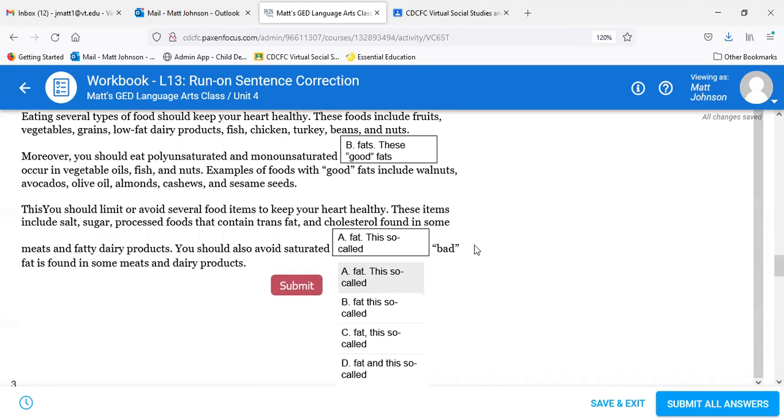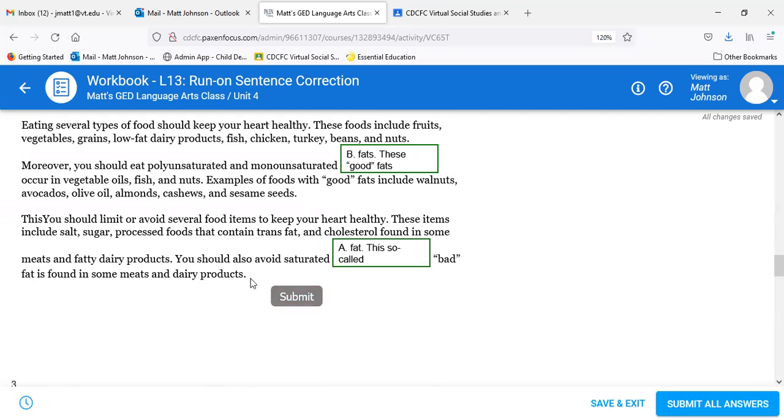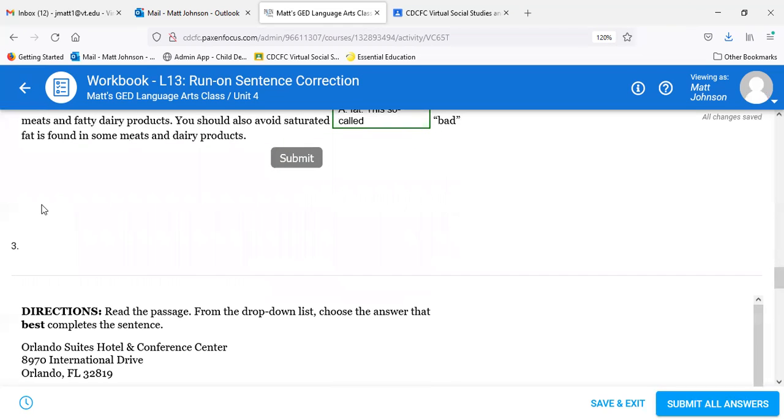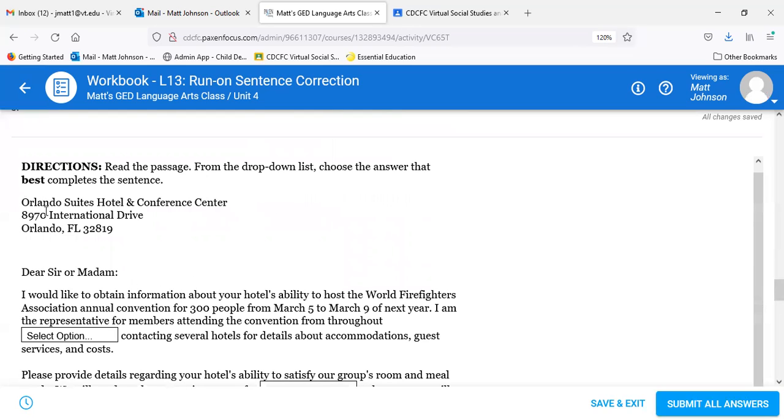All of the other options there are super wrong. Choice B is just jamming two sentences together. C is a comma splice because we need a connecting word. And D has the connecting word, but we don't have the punctuation with a comma. So A is the only possible correct answer there. A, fat. All right, so we're on to the next one.